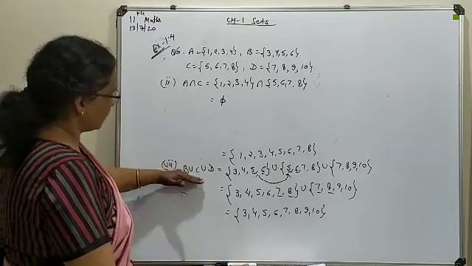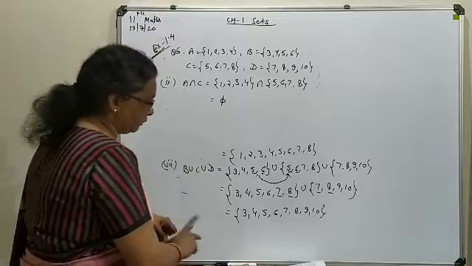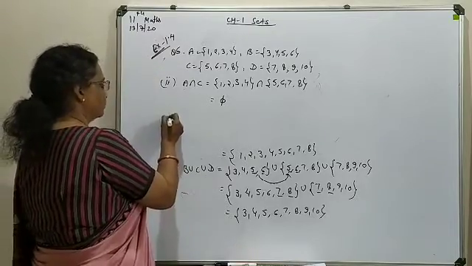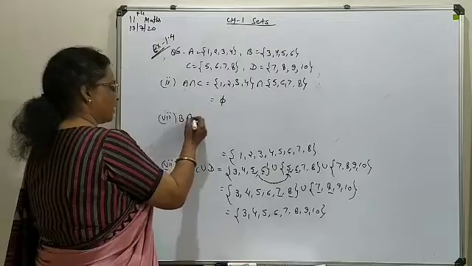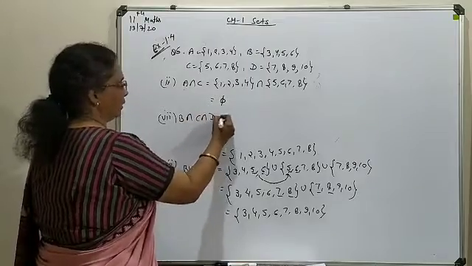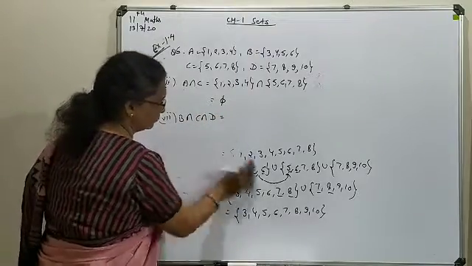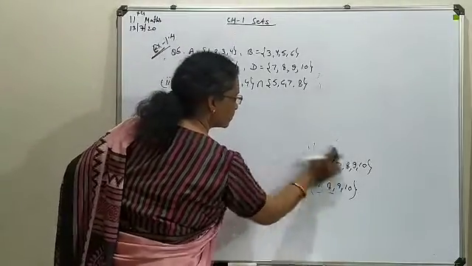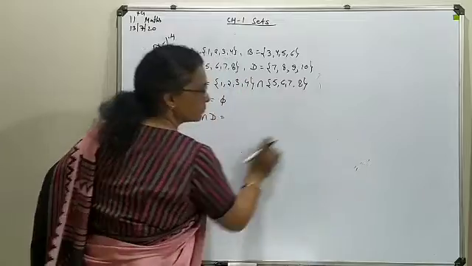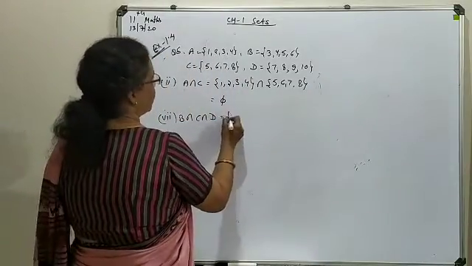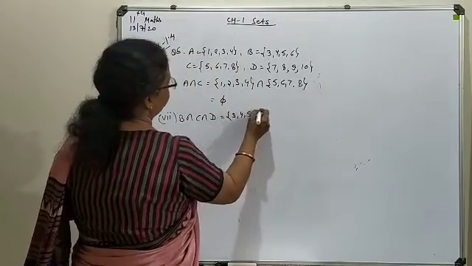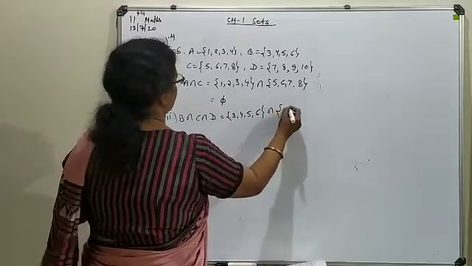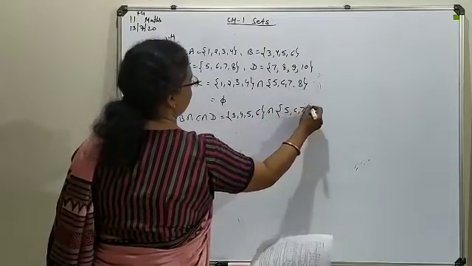Now the same as this last case, if you turn it into intersection form: B intersection C intersection D. Your B is 3, 4, 5, 6. C is 5, 6, 7 and 8.